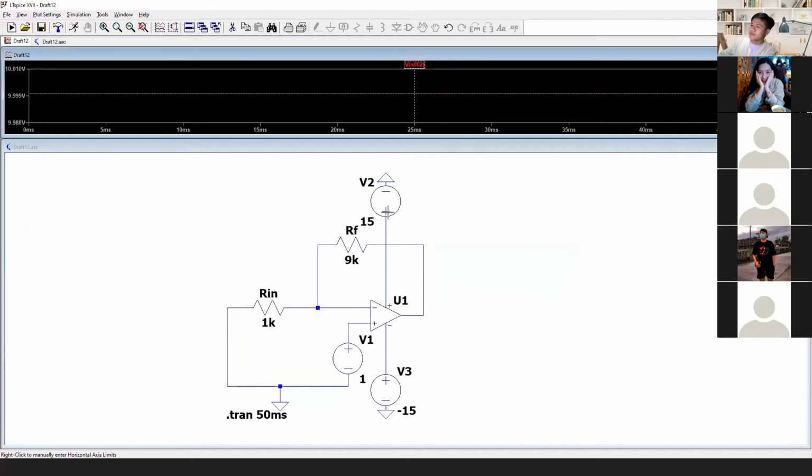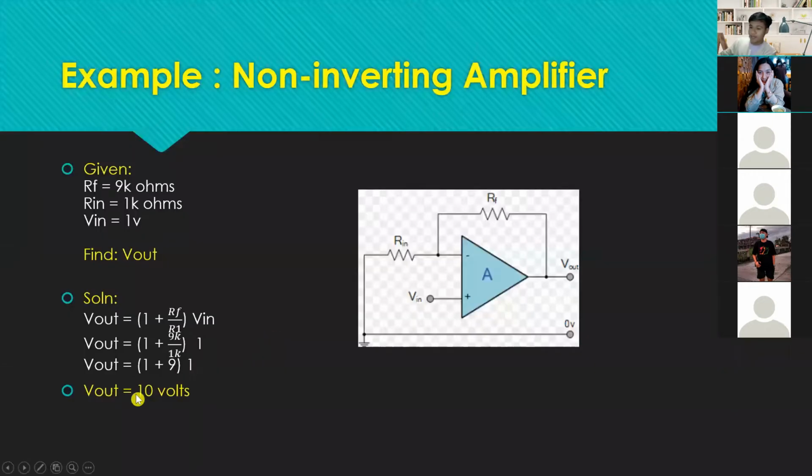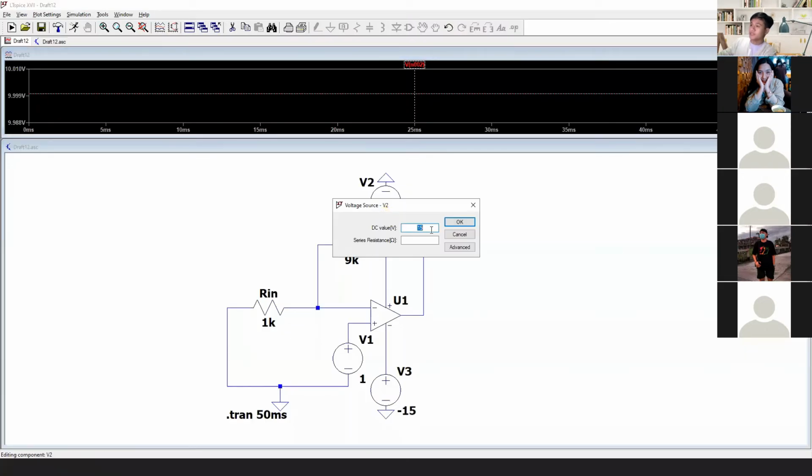So again, kagaya ng sabi ko kanina, ito yung magiging reference nyo dun sa magiging output nyo. So kung papansinin nyo, yung result na nakuha natin out of this voltage input and then yung mga value ng resistance natin is 10 rather. So what if ginawa kong 8 volts lang to, itong positive supply natin. So anong magiging result sa tingin nyo?